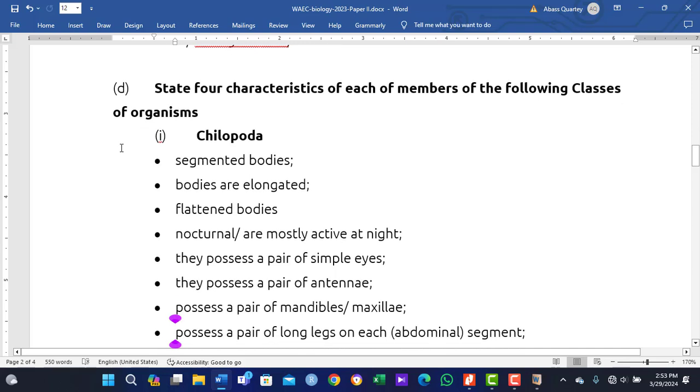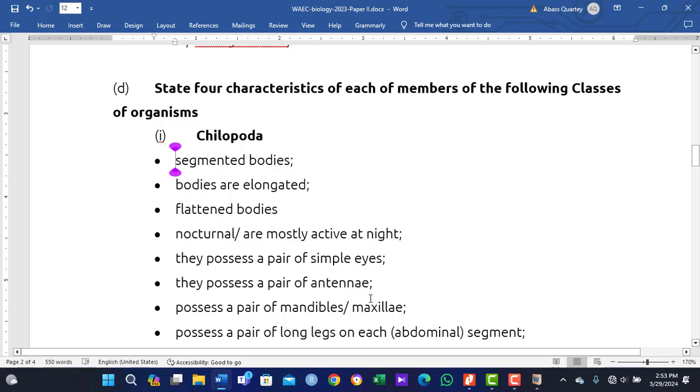Bodies are elongated and flattened. They are nocturnal, mostly active at night. They possess a pair of simple eyes, a pair of antennae, a pair of mandibles or maxillae, and a pair of long legs on each abdominal segment. We can just say segment.